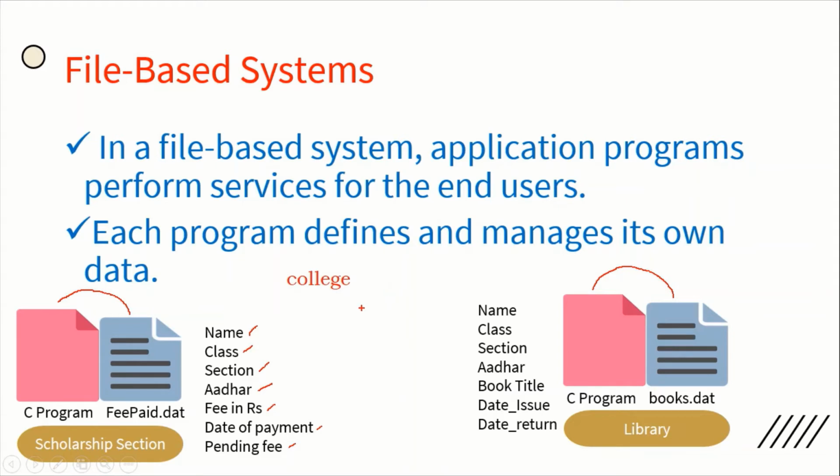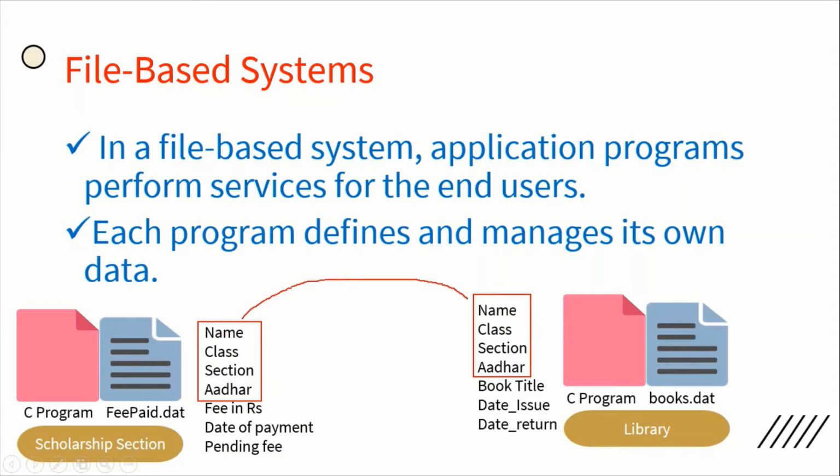Here the first four fields, name, class, section, and Aadhaar number, are repeated. So what we can say is duplication of data. Here and here they are maintaining the same student detail. Instead of saving in a single file, they are storing in two different files.